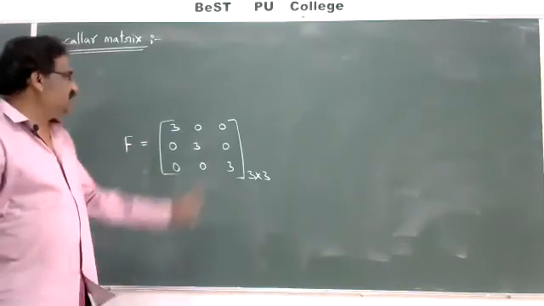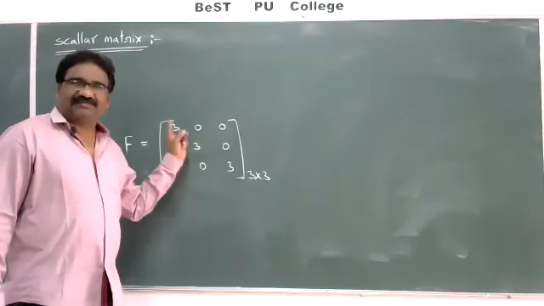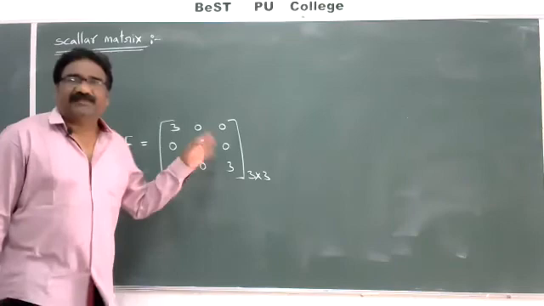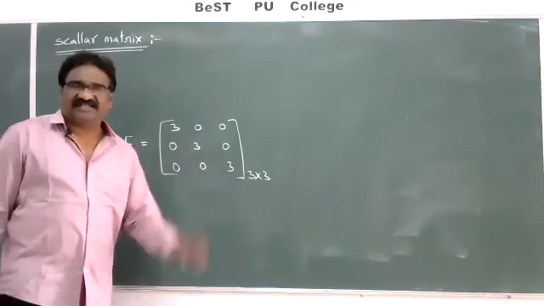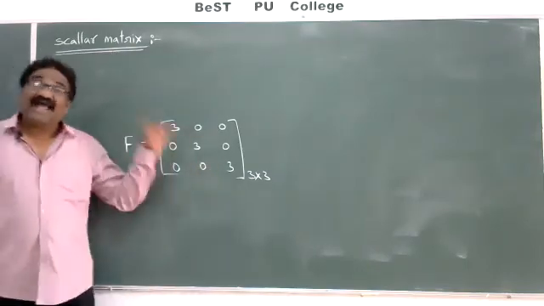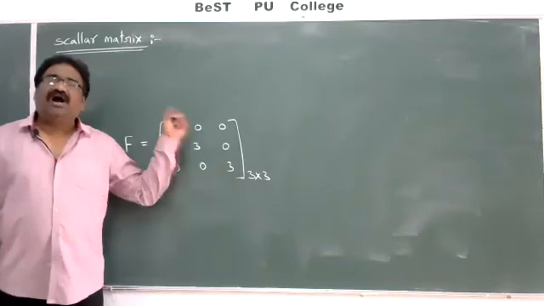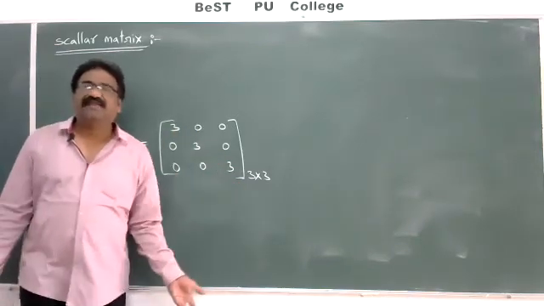In a square matrix, all the elements are zeros except the principal diagonal elements; if the principal diagonal elements are also equal, then it is called a scalar matrix. Another definition, simply: in a diagonal matrix, all the principal diagonal elements are equal, then it is called a scalar matrix.